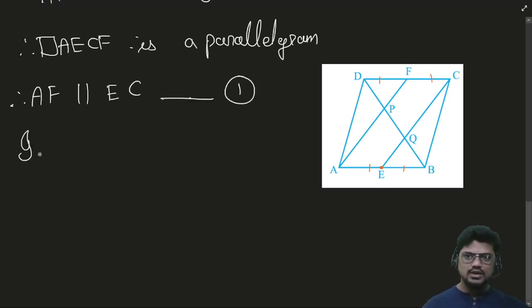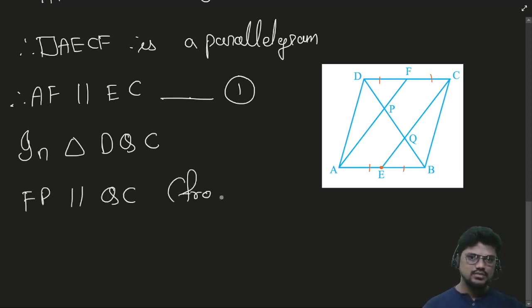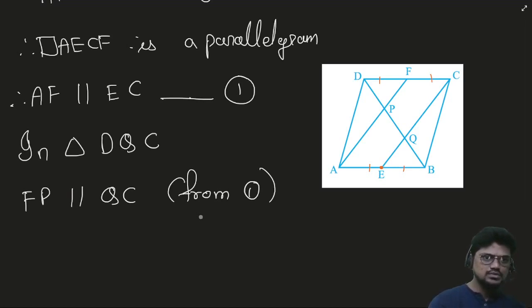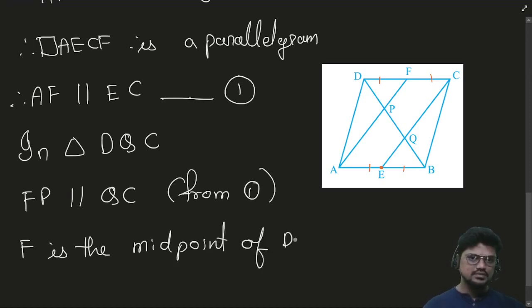Now, in triangle DQC, FP is parallel to QC from 1. Yes or no? FP is parallel to QC, from 1 we have it. Also, F is the midpoint of DC.